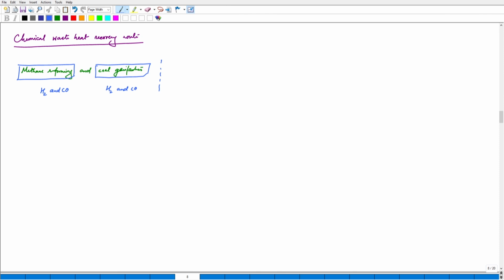Now, what are the other products? We look at some of the other products from blast furnace slag recycling. We can easily predict that one of the most important areas that we have discussed is heat recovery.